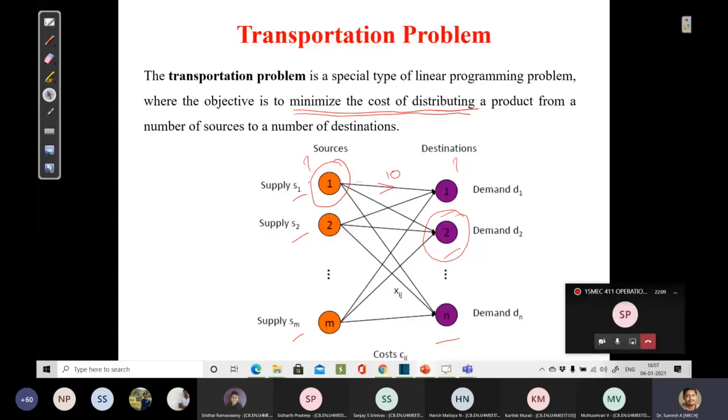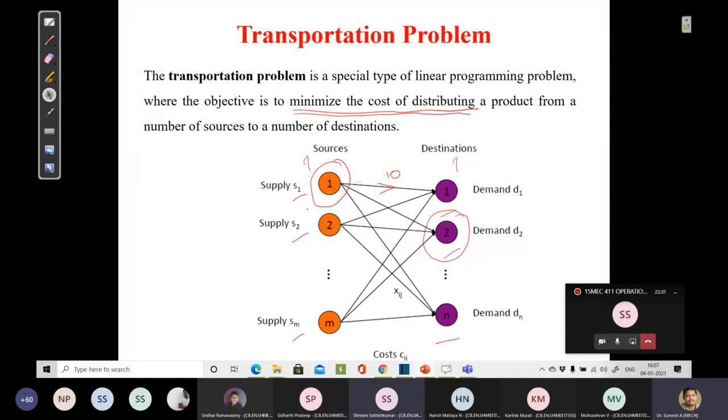But what is supposed to be the issue at source 1? If it is a manufacturing plant, what will be the issue? Limited production. The number of units that can be produced.